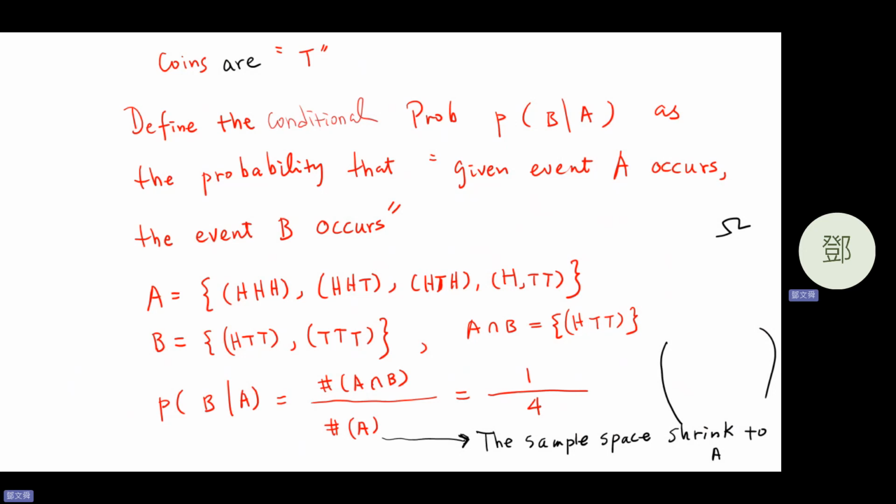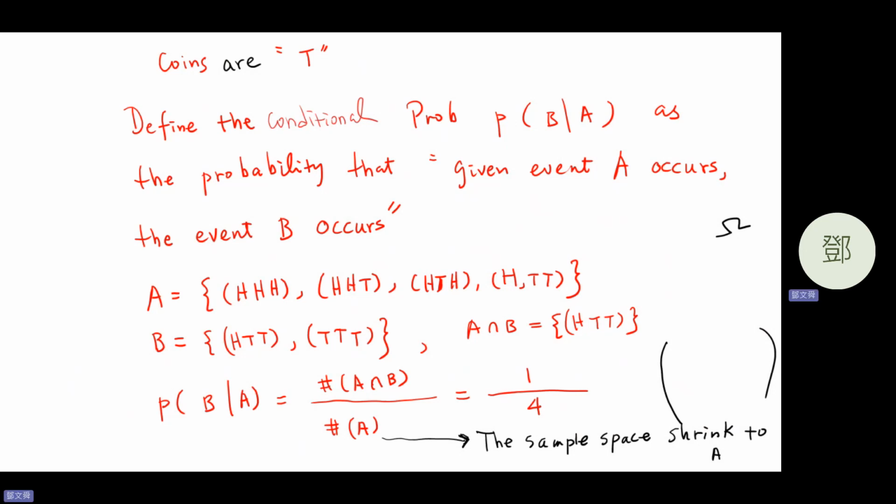So the sample space shrinks to A. The probability that B occurs given the condition that A occurs. Now the sample space is A, and it is not omega anymore. A already occurred, and B also occurred.